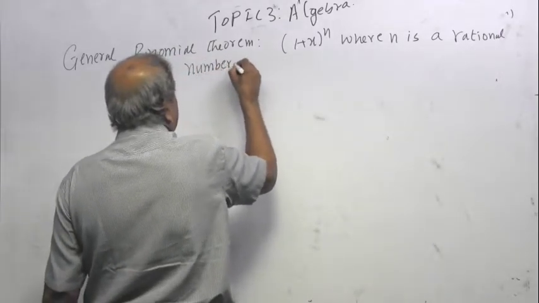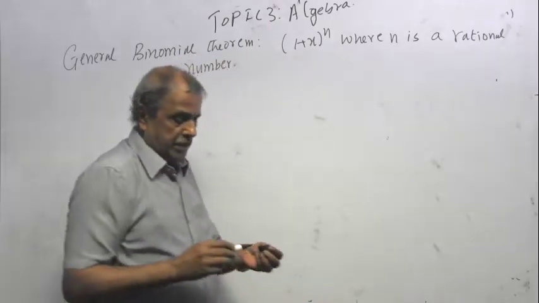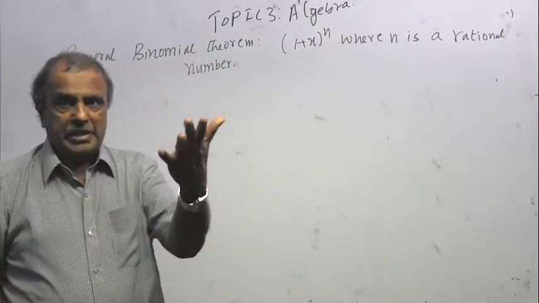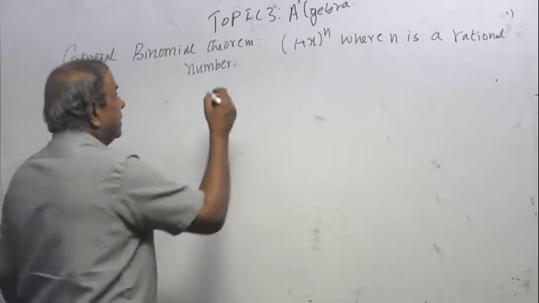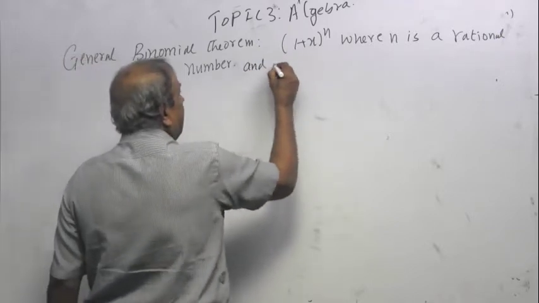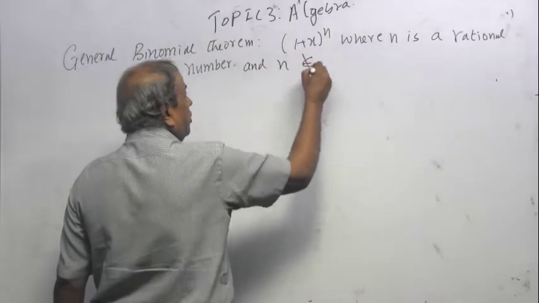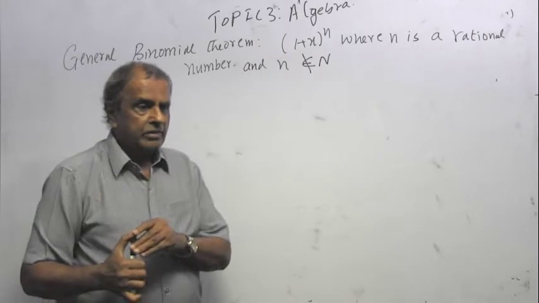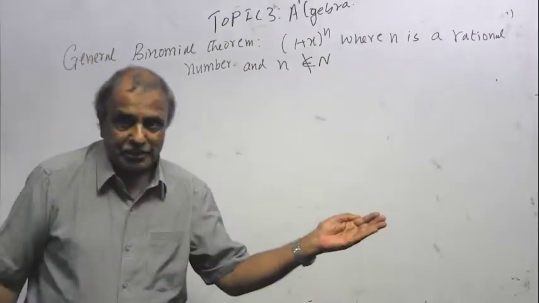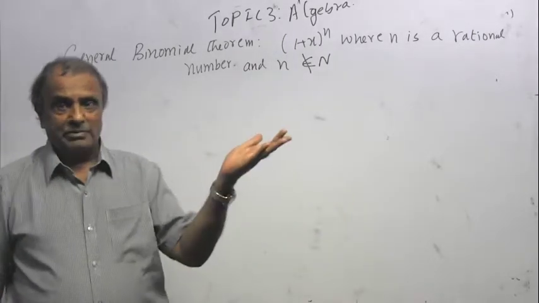Let's recollect the definition of a rational number. It can be a fraction, and n does not belong to the natural numbers. That means I'm considering fractions of any type.